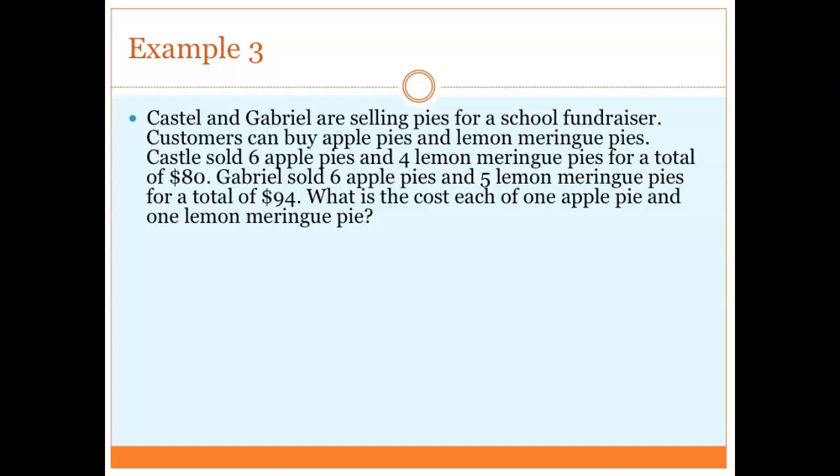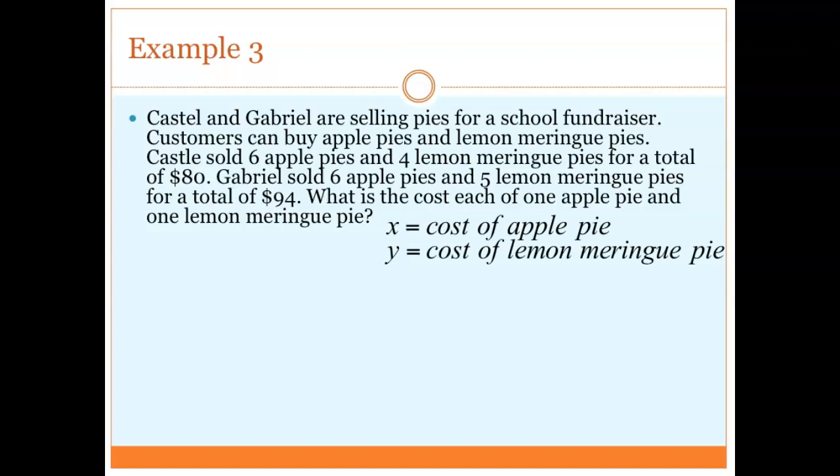So this problem is asking you to find how much it costs for 1 apple pie and the cost of 1 lemon meringue pie. So let's make those our x and y. Now let's go ahead and write two equations. Let's start with Castell. Castell sold 6 apple pies and 4 lemon meringue pies for a total of $80.